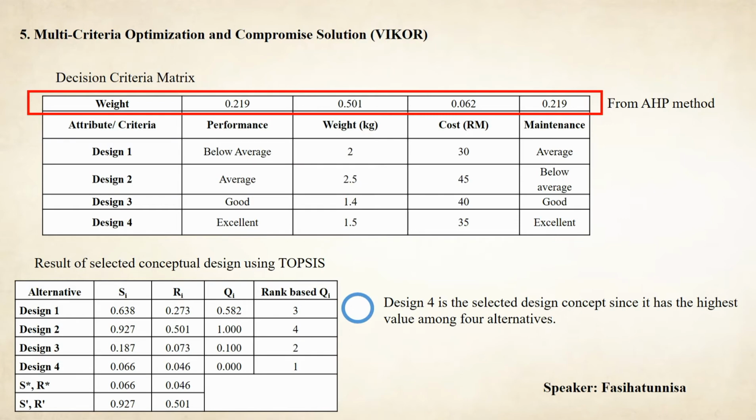As we can see, the ranking of alternative designs is calculated. The proposed model result shows design 4 is the best alternative with the lowest Q value, which is 0.000. In conclusion, all 3 methods, AHP, TOPSIS and VIKOR, show design 4 is the best choice to develop the new design of the flexible table lamp in the concurrent engineering approach.